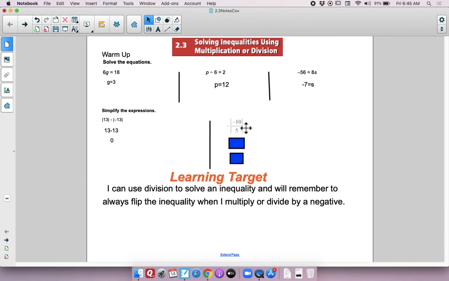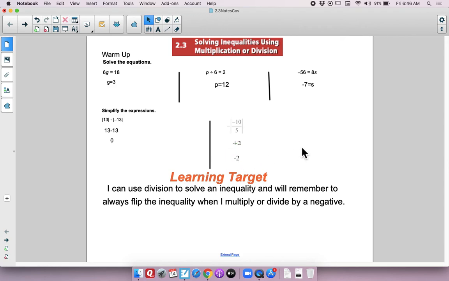So you would look inside the grouping symbols, do that work. What's -10 divided by 5? -2. The absolute value of that is 2. And then we would take, looks like that negative sign got kind of squished in there. That's weird. Oh no, it's minus the absolute value of -2, which is going to be -2.